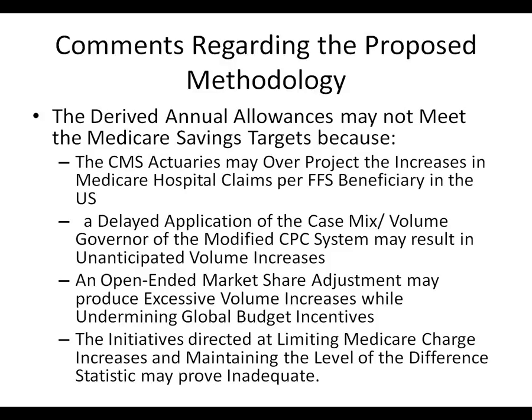Second, there's a delayed application of the case mix and volume governor, and that could result in volume increases that are unanticipated in the sense that they exceed the 1% governor that will eventually be put in place.